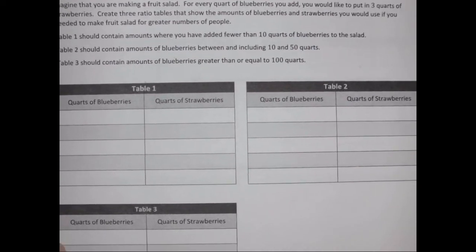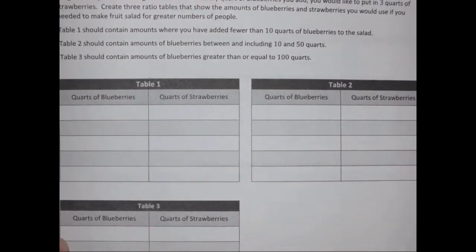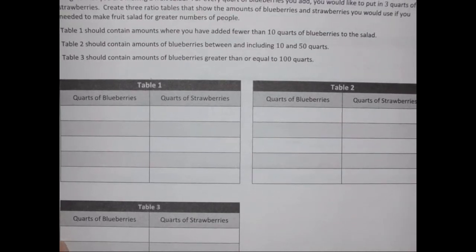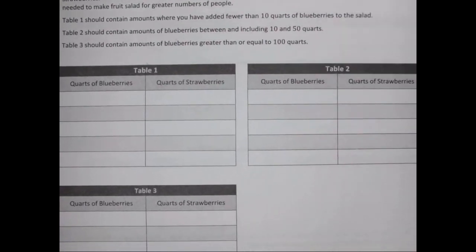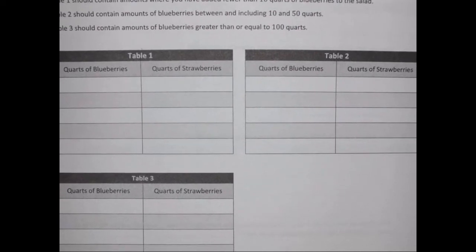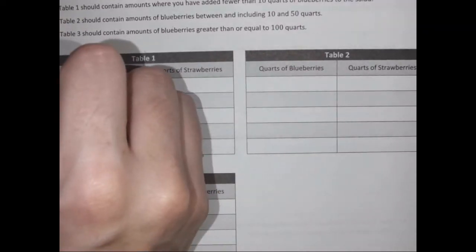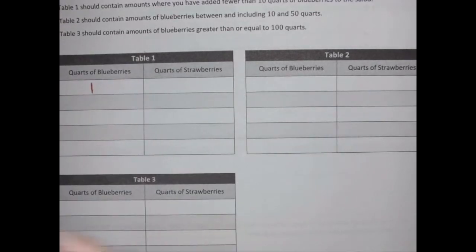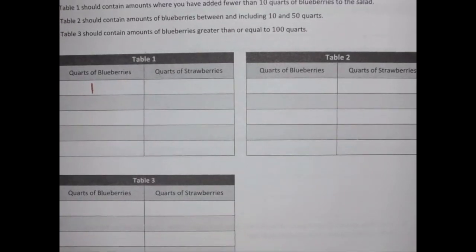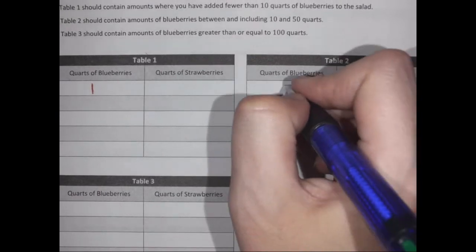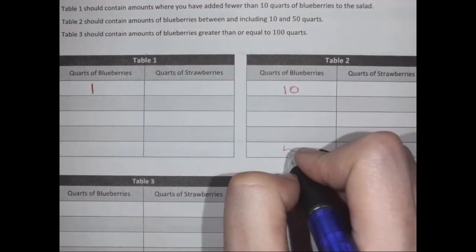And it says, table 1 should contain amounts where you've added fewer than 10 parts of blueberries. Okay, so less than 10, single digits. Let's make it easier on ourselves and just start with 1. Now table 2 should contain amounts of blueberries between 10 and 50.